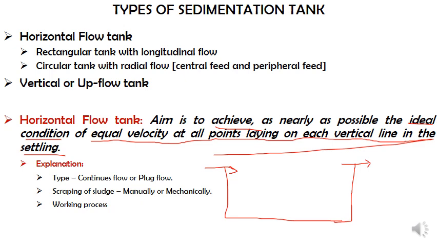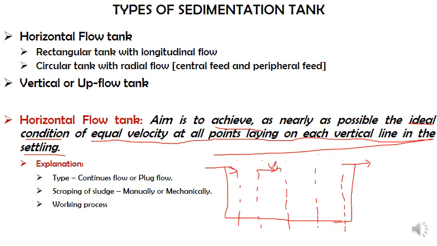At each vertical section, we want to have the same velocity, throughout all the vertical sections. This velocity I am talking about is basically the horizontal velocity. So we want to maintain the same horizontal velocity at all vertical sections.